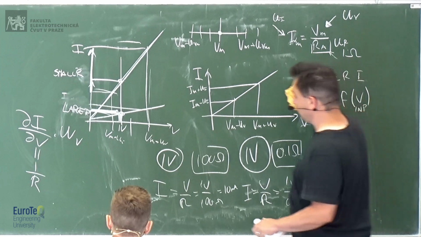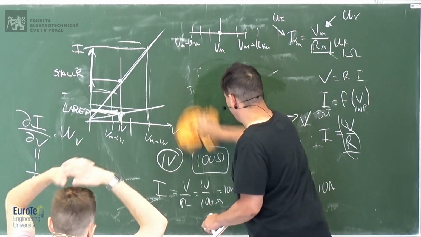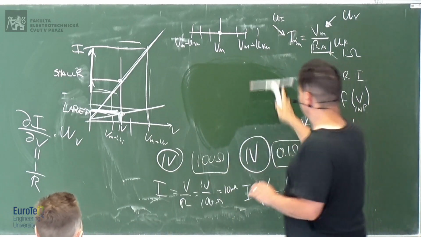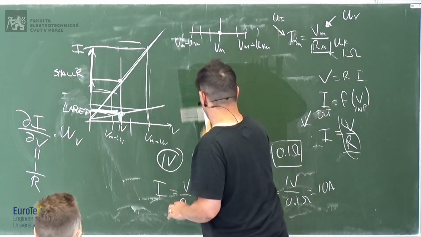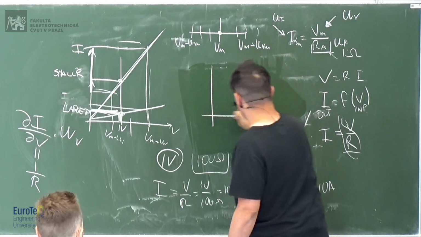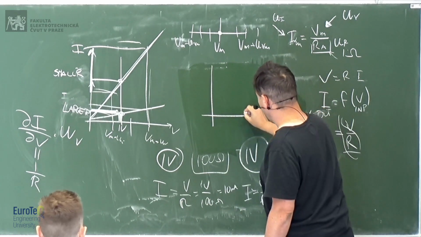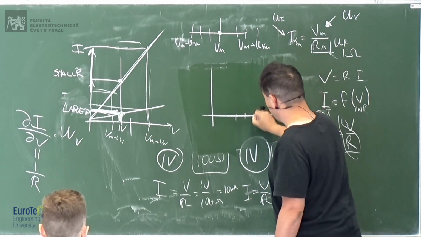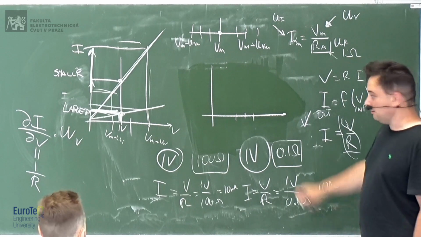Now I will erase this so that I will make a better graph. Let's repeat again the graph, okay? So this is the voltage, and this is our uncertainty of the voltage. Look at here.